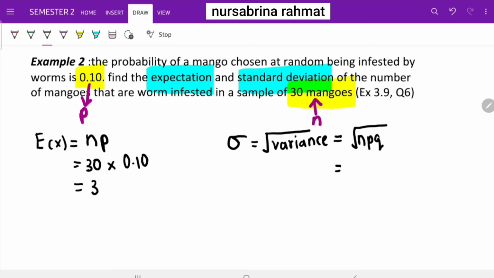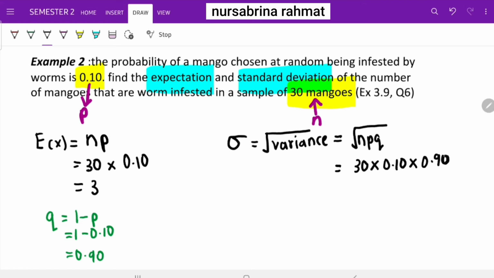We have n and p, so we have to find q. q is simply 1 minus p, so 1 minus 0.10, which equals 0.90. Now we have all the information needed to substitute into the formula. n is 30, multiplied by p, which is 0.10, multiplied by q, which is 0.90, and the square root of all of this.